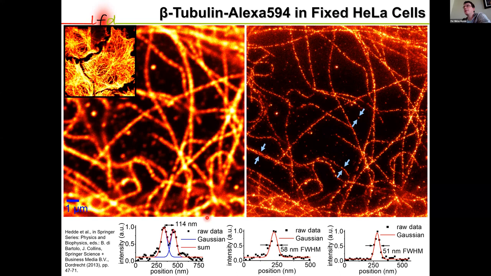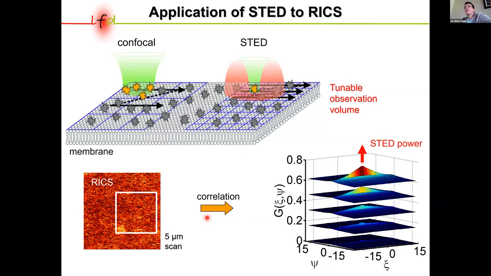And here's an example image of microtubules labeled with a dye, and on the left you have confocal, and on the right you have the subdiffraction STED image. So how does this apply to raster image correlation spectroscopy? Well, now we have a way of shrinking the effective point spread function, so we can use smaller pixel size to scan.